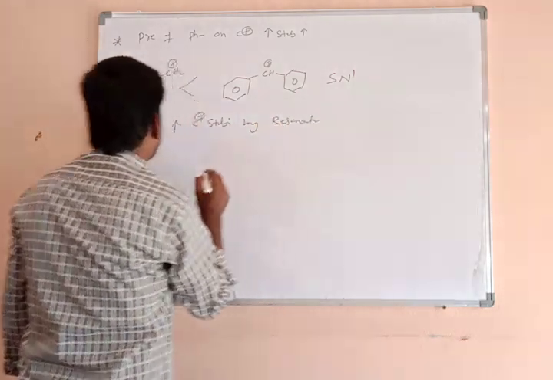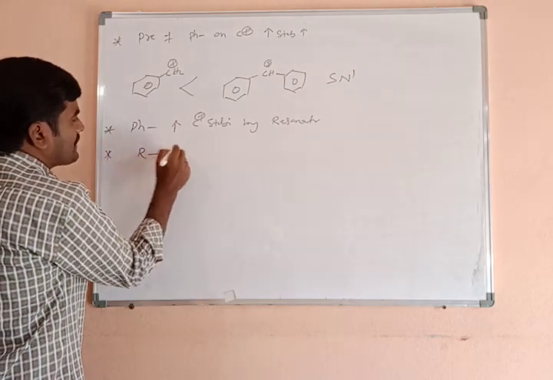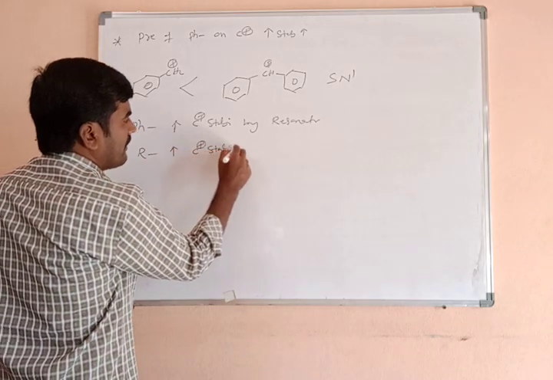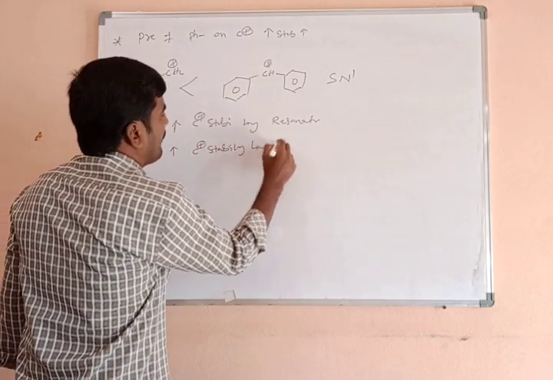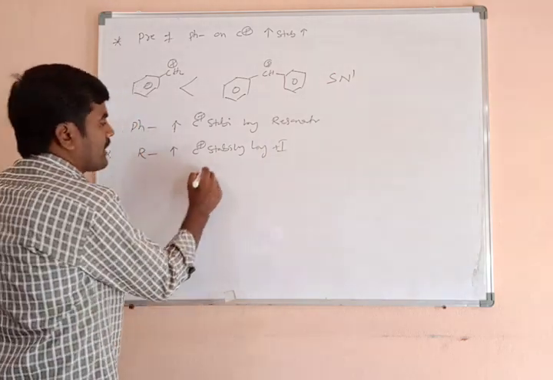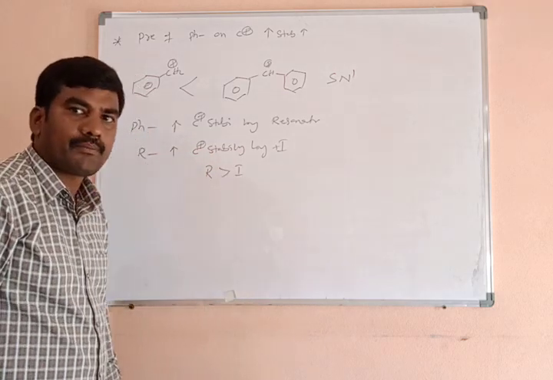Next, the presence of alkyl groups increases the carbocation stability by the inductive effect, the plus I effect. Which is stronger? Resonance is stronger than the inductive effect. Clear?